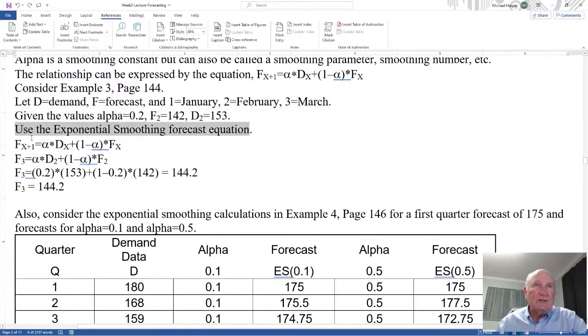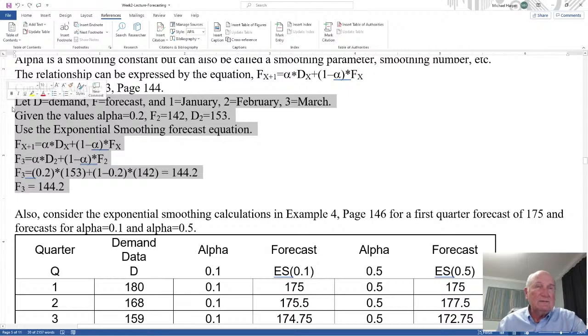Using the exponential forecasting equation, F of 3, which is March, equals alpha, 0.2, times the data in February, 153, plus 1 minus alpha times the forecast for February. I do the arithmetic and get 144.2. That's my forecast for March, and there's the example that was given in the text.